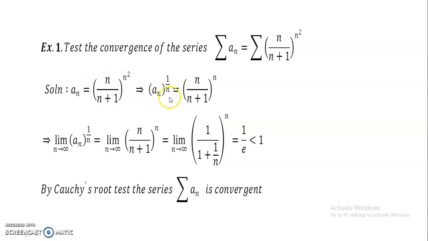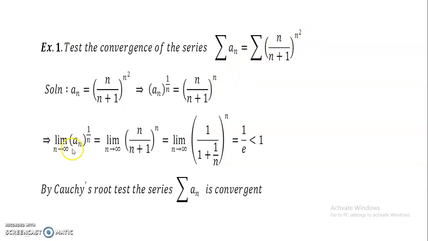that implies a_n power 1 by n. Here you can multiply the power by 1 by n, so then n gets cancelled, and n square becomes n here.